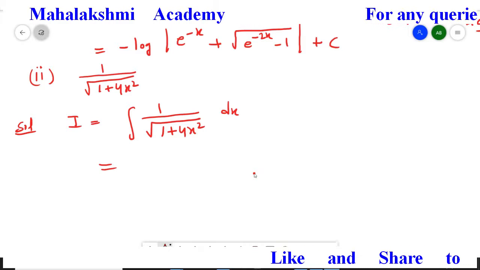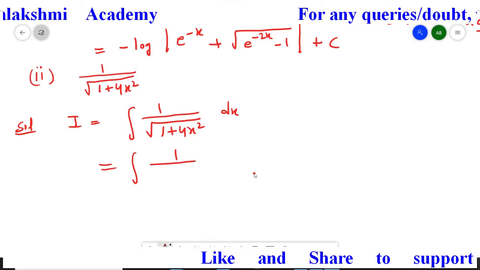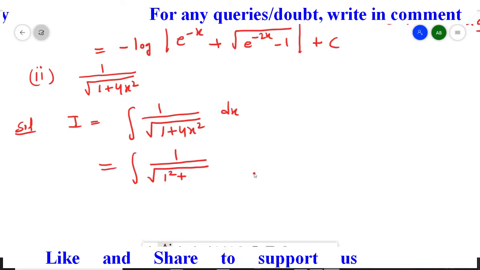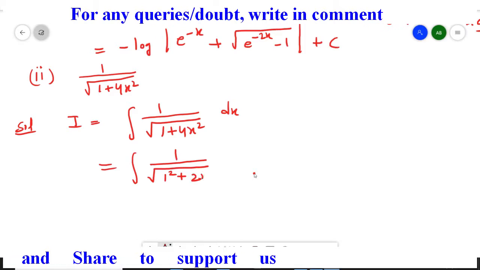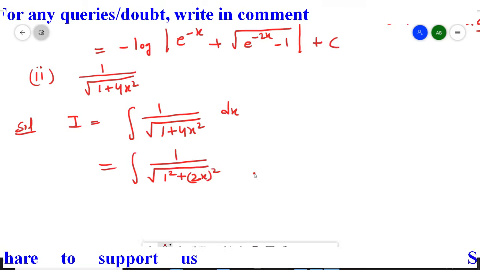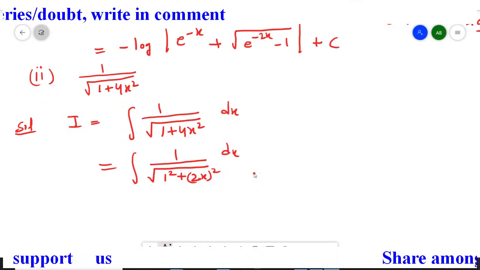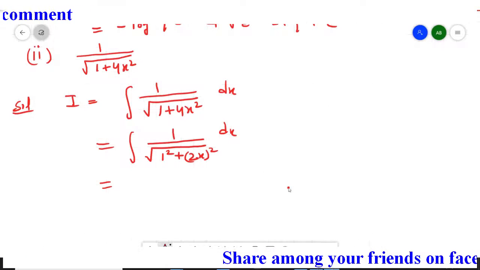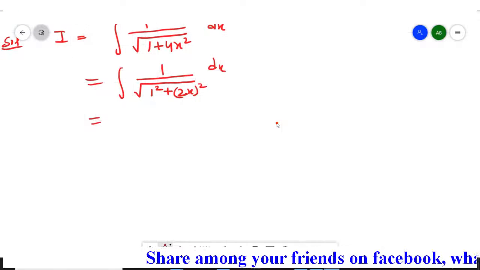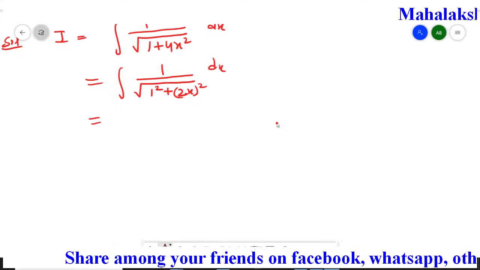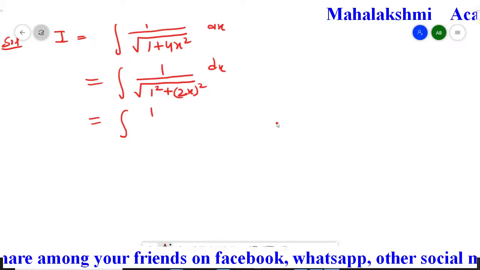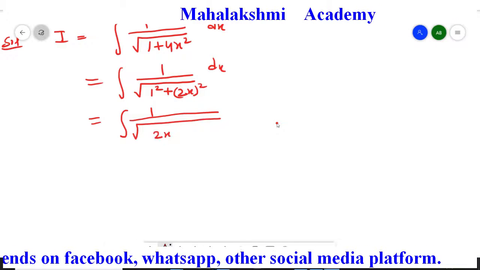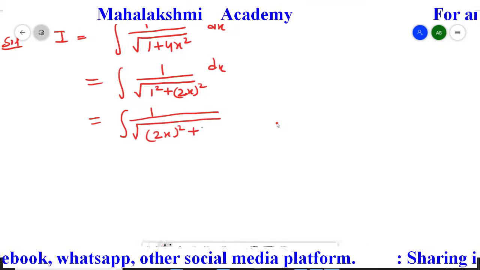We can write this as 1 upon square root of 1 square plus (2x) whole square dx. Or, to adjust it exactly to the formula pattern, I shift it as 1 upon square root of (2x) whole square plus 1 square dx.